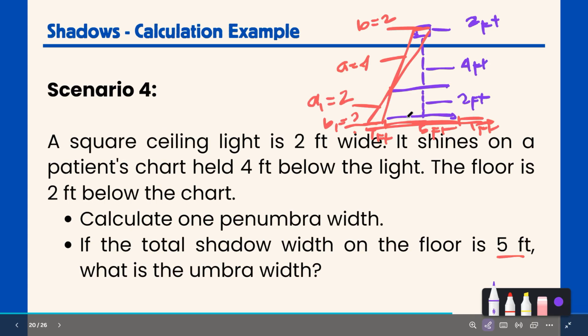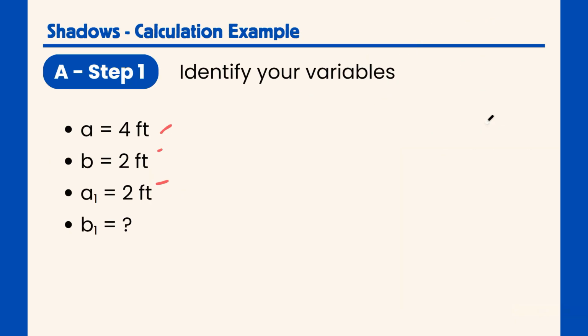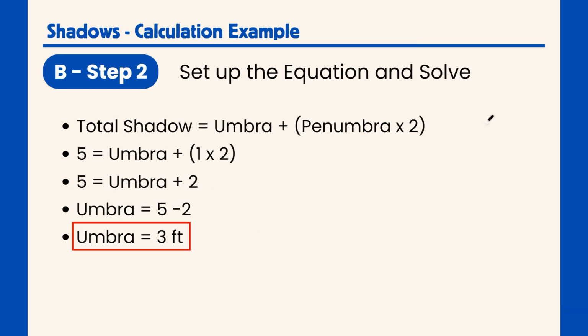So 5 feet minus 2 feet equals 3. If you want to have a formula, we can have this. So umbra is equal to 3 feet.